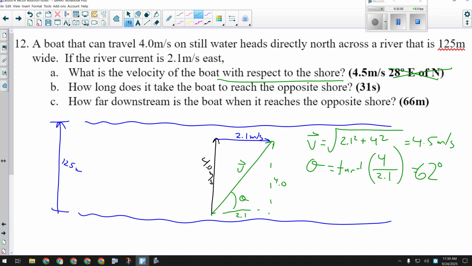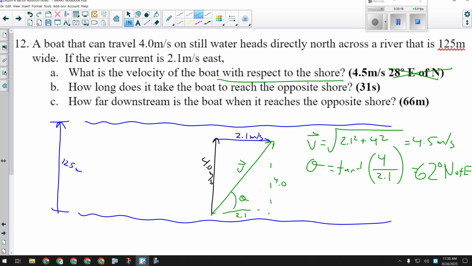This is a poorly worded question, so I would have to accept both. But on this one, 62 degrees, and it would be north of east, or I would accept north of the starting shore, or from the shore would even be good enough. That's what it asked for. So 62 degrees would be our correct answer there.